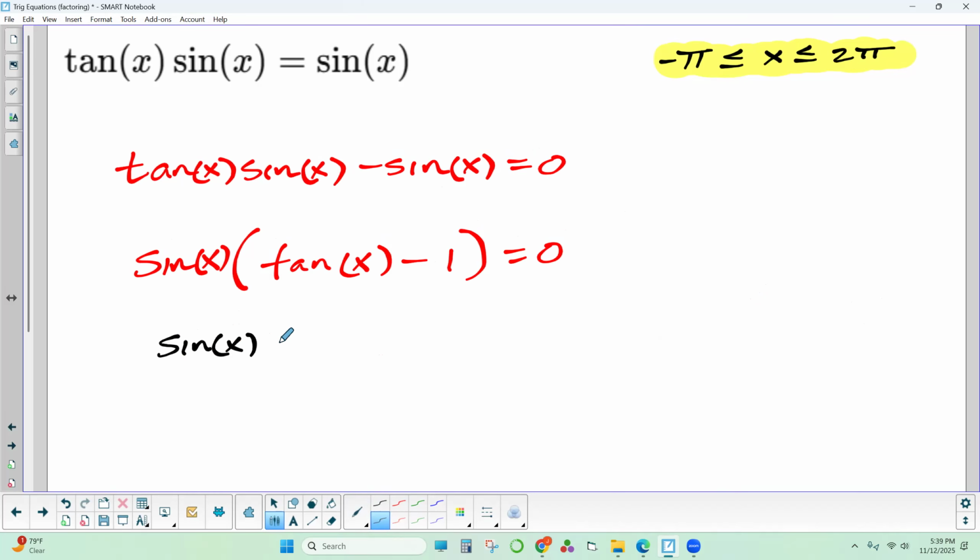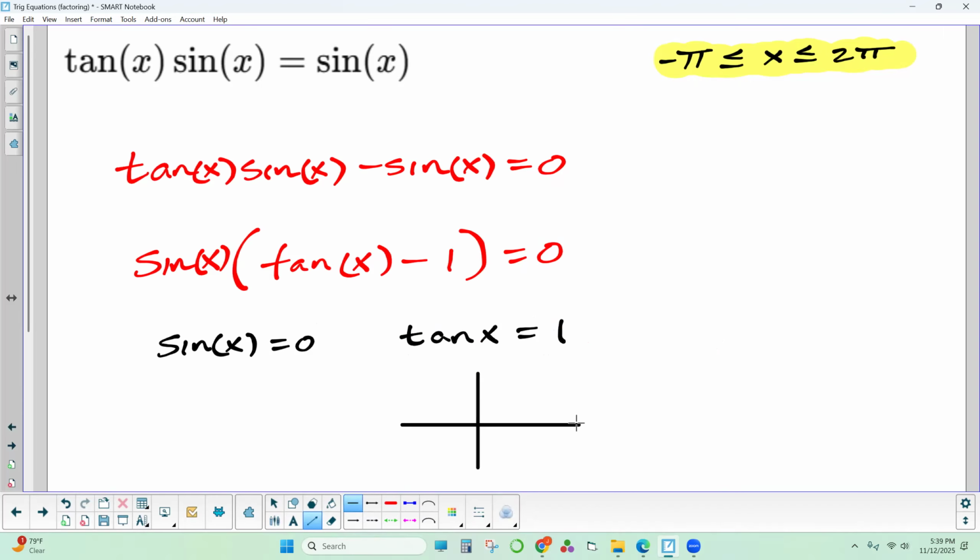So I have sine x equals 0, and tan x minus 1 equals 0. If I move the 1 over, I've got positive 1. Now I'm looking for angles at which tangent is 1 and angles at which sine is 0. Sine is 0 at 0 and pi.